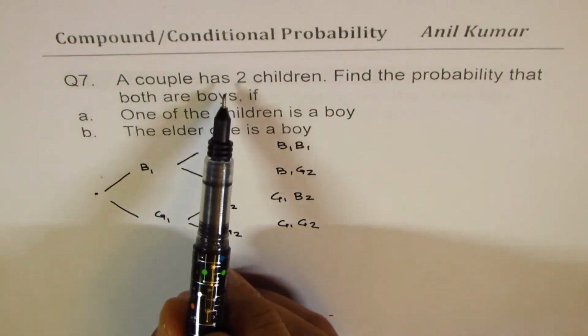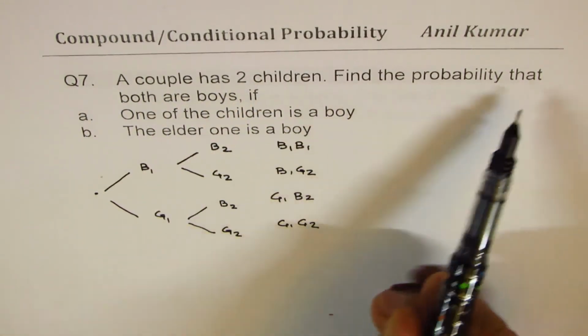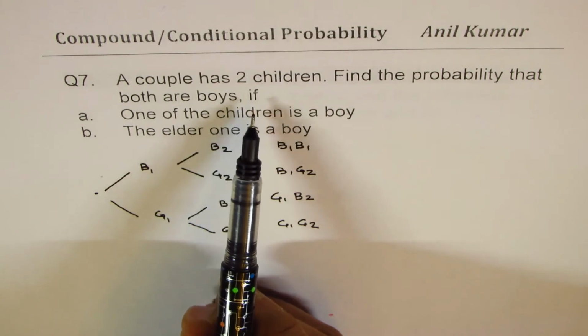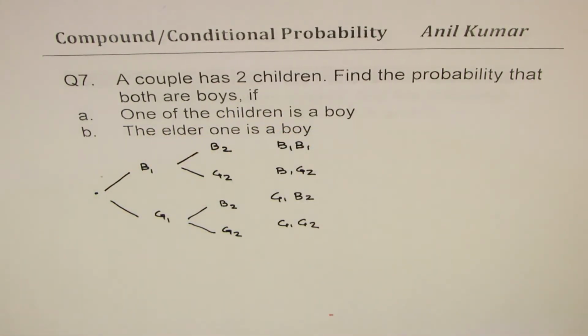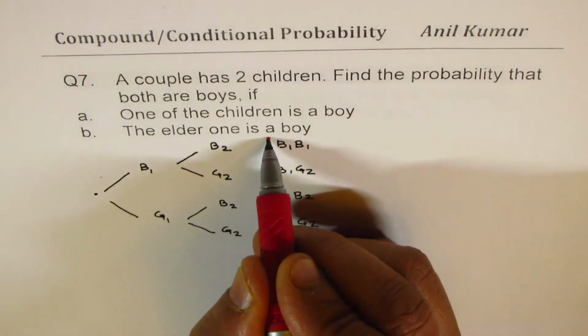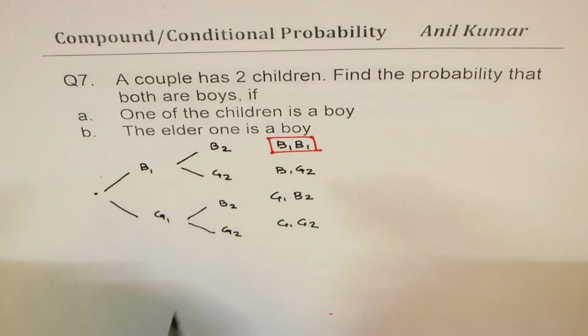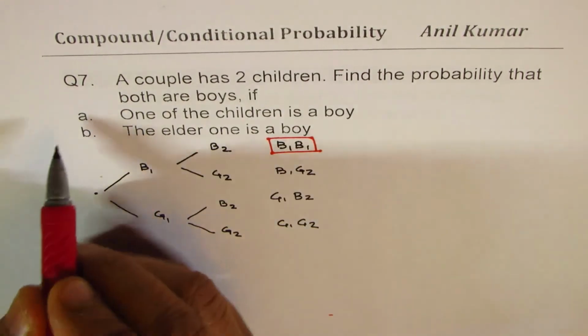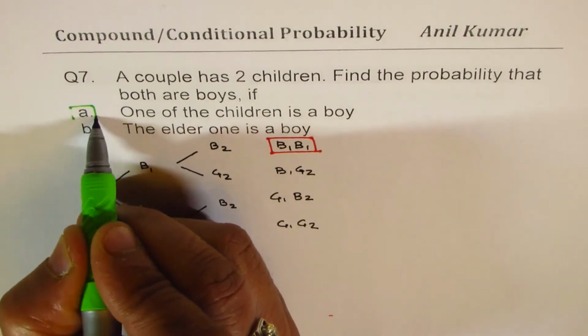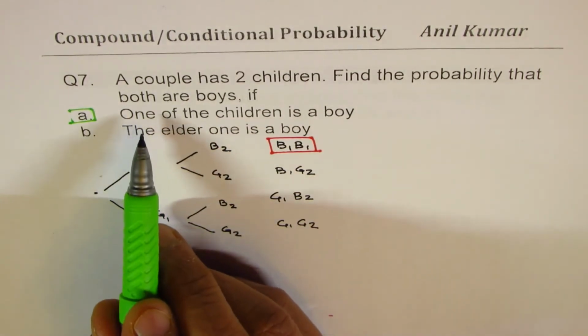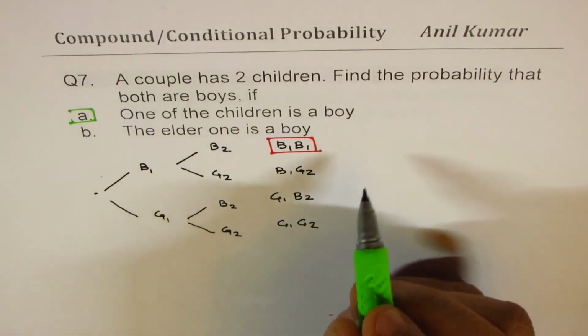It says a couple has 2 children. Find the probability that both are boys if one of the children is a boy. Now as you can see here, we are looking for the probability of both boys. Now we are given conditions. Let's look into the first condition, and that is one of the children is a boy.